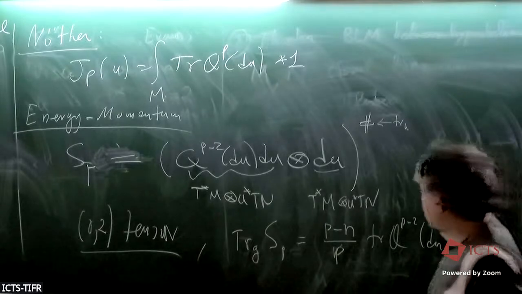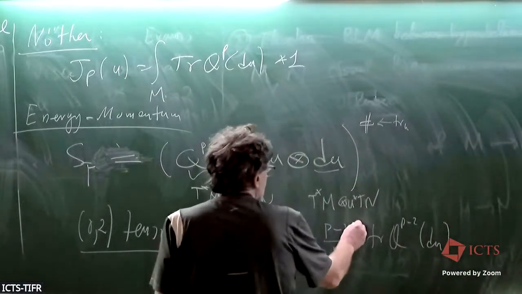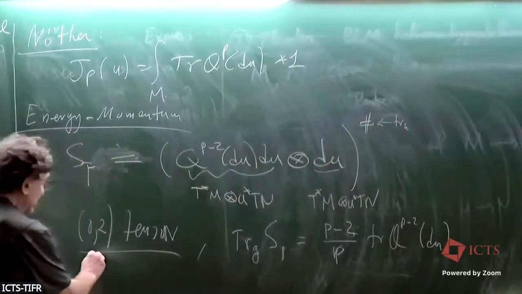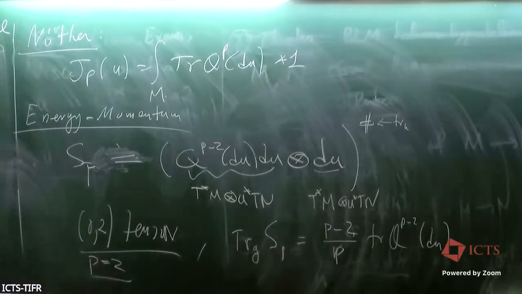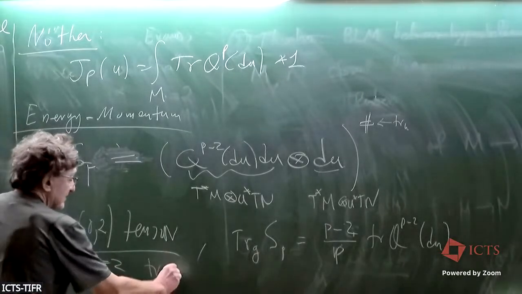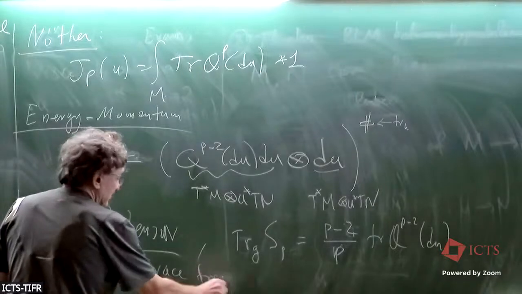So in particular, n is the dimension, and n is 2 in this case. So you see for p equals 2, this tensor is trace free, but only for p equals 2.